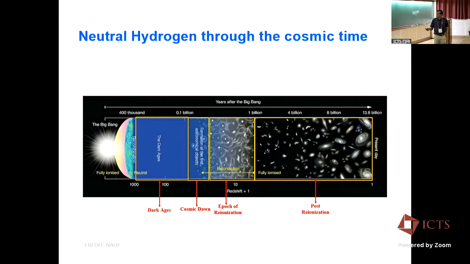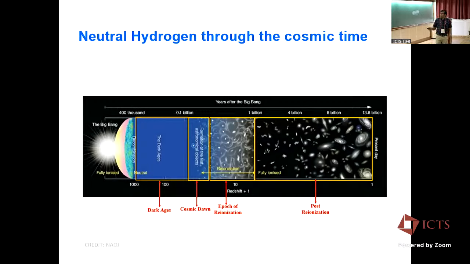And during this episode, there were no luminous sources like stars and galaxies. It is believed that around redshift 20 or 25, the first sources appeared, and they started to ionize the surrounding neutral medium, right? The reionization is completed by redshift 6 or so.